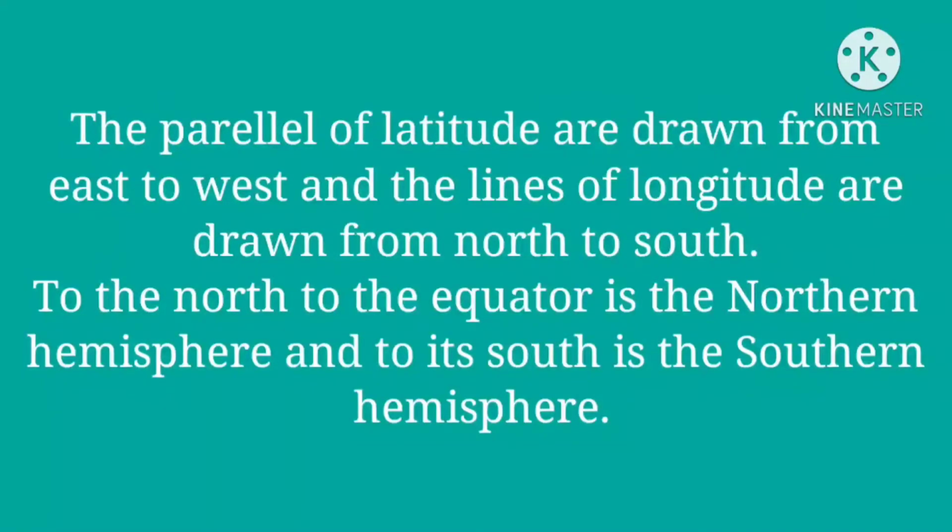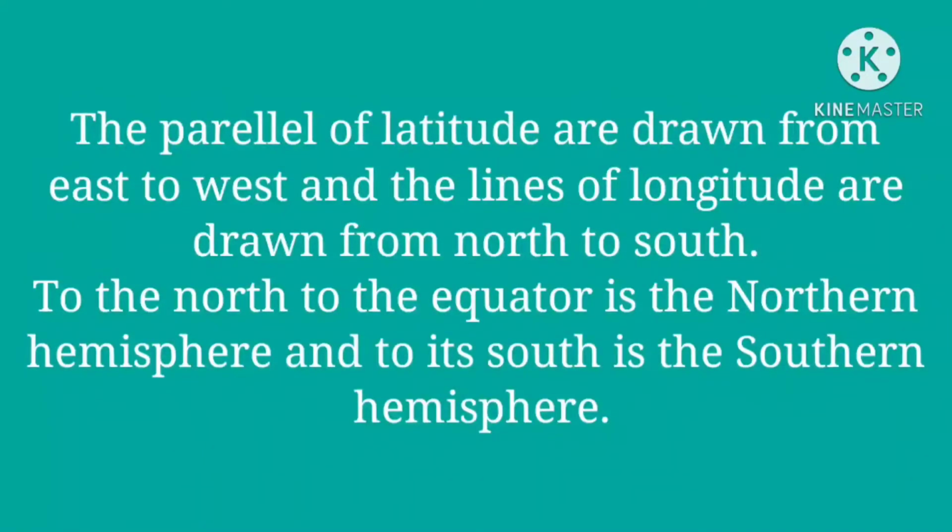Now after that, to the north of the equator is the northern hemisphere, and to its south is the southern hemisphere. Now see this, if we talk about the north of the equator, it always is the northern hemisphere, okay.